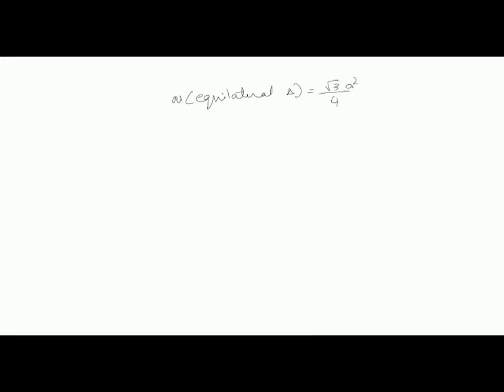What is a? Side of an equilateral triangle. Correct? Yes, ma'am. For area of isosceles also we can do the same way, and then we will get this. Let me share the screen with you.